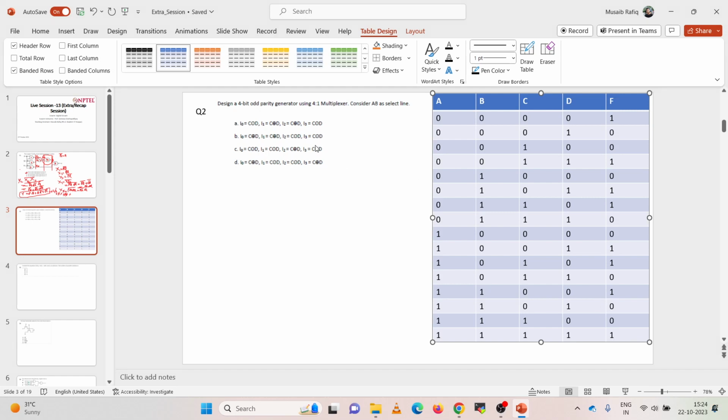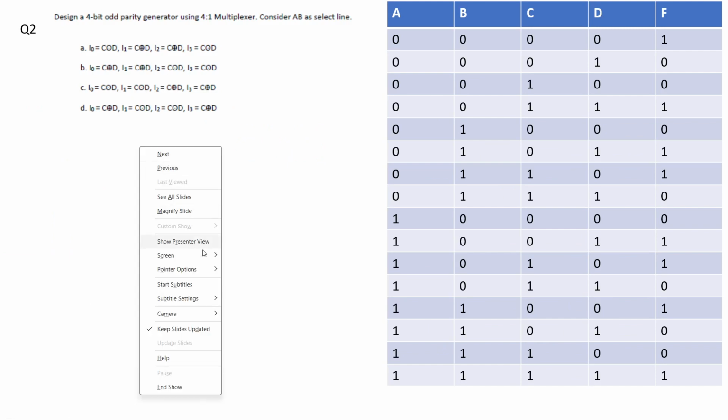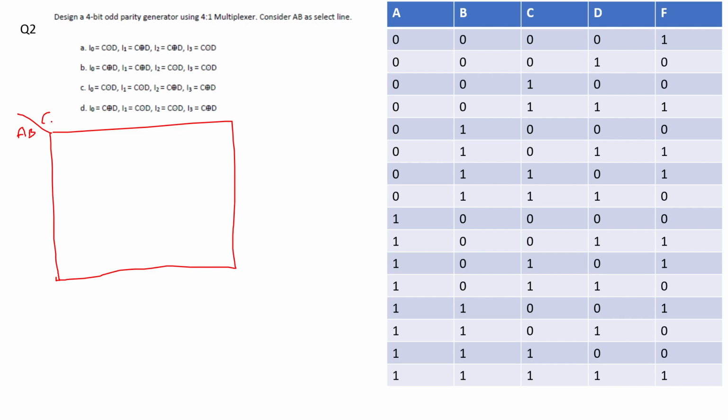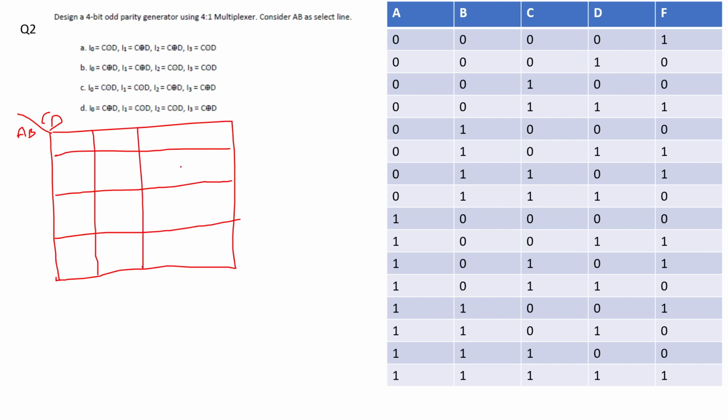Now let's see. The question asks us to design it using a 4:1 mux where A, B are my select lines. Now I will use the Karnaugh map. Here I have my A, B, C, D. So this is 0, 0, 0, 1, 1, 0, 1, 1.